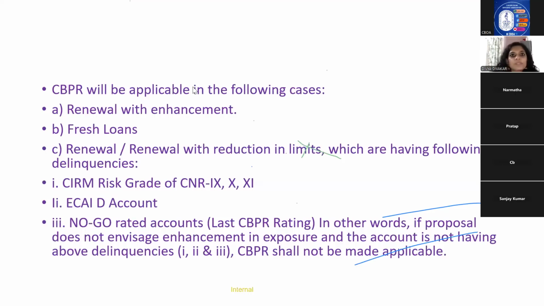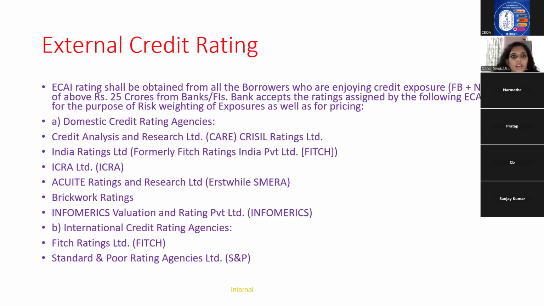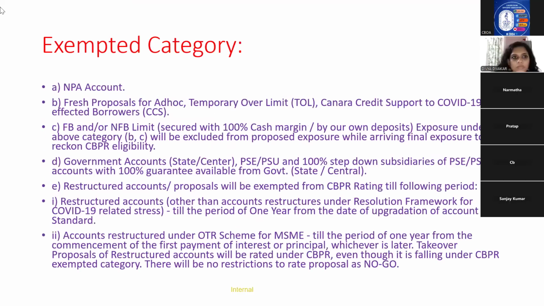What are the exempted categories from CBPR? NPA account, then fresh proposals for ad hoc, TOL, and Canara credit support to COVID-19 affected borrowers. These are all exempted categories.